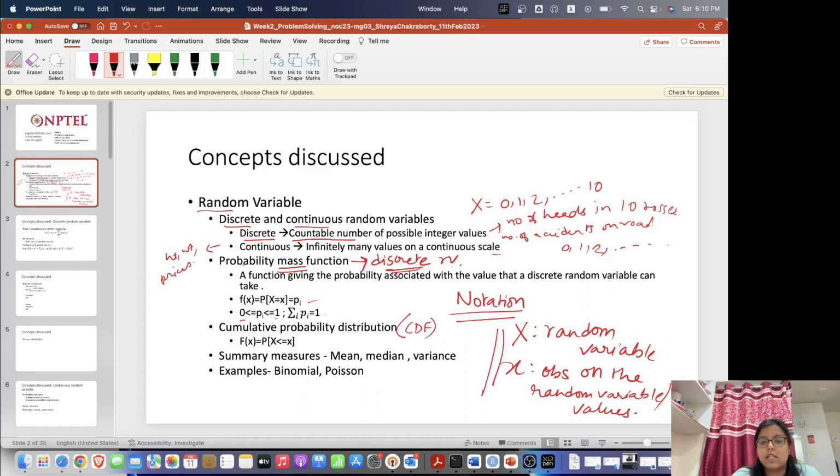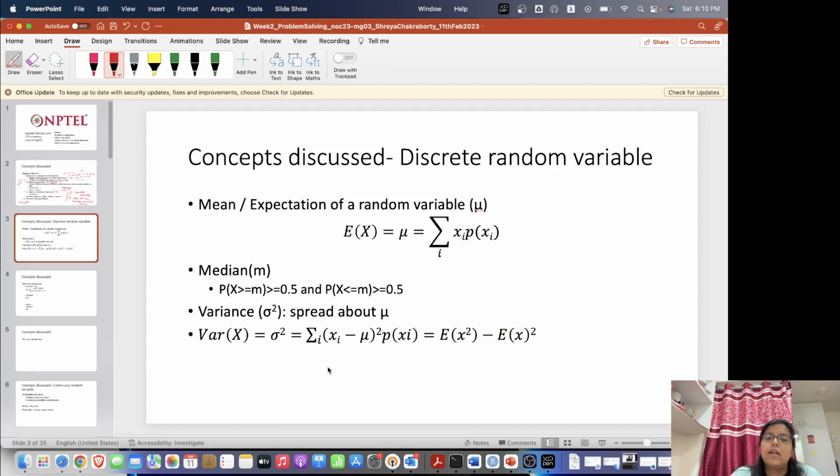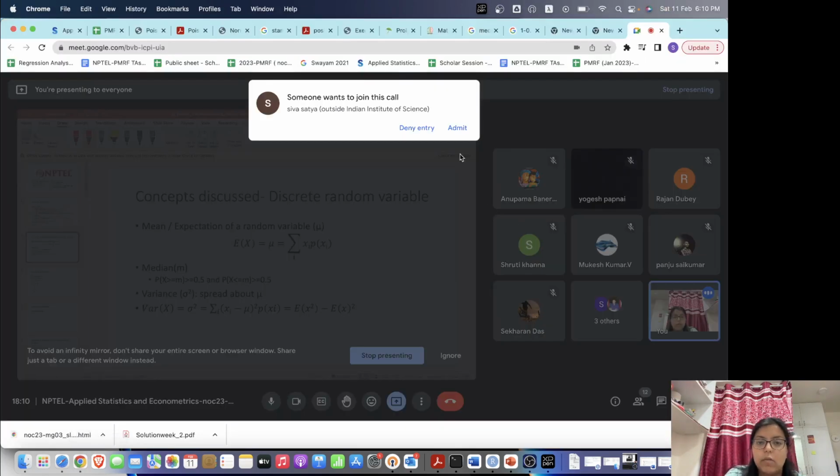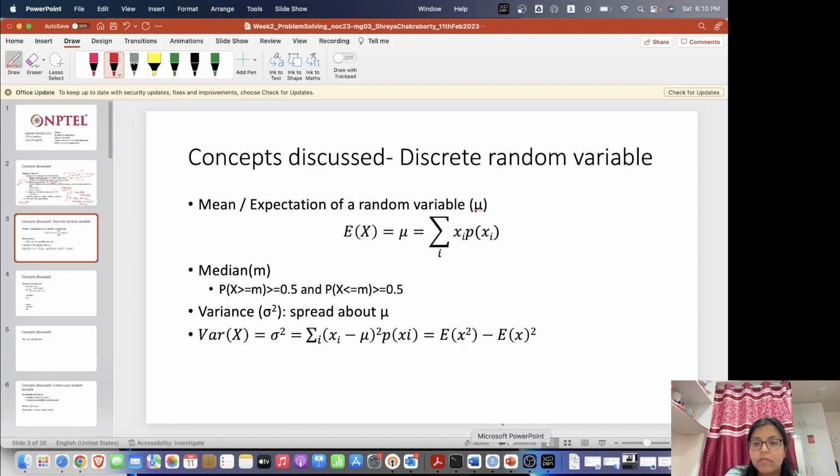It was also discussed how we can calculate the formulas to get the summary measures of mean, median, and variance. As examples of discrete random variables, the binomial and Poisson distributions were discussed. It was also discussed how we calculate the mean or expectation of a random variable. The expectation of x is nothing but the summation of the value times its associated probability.